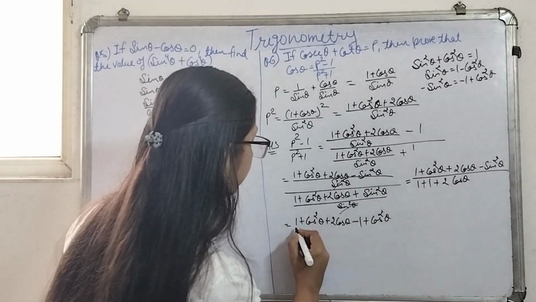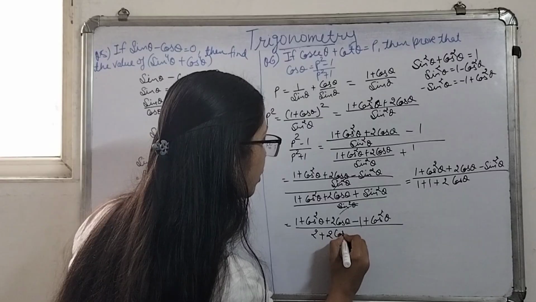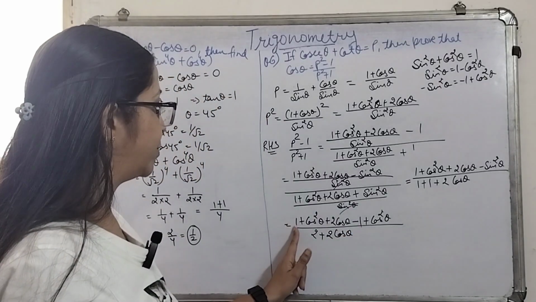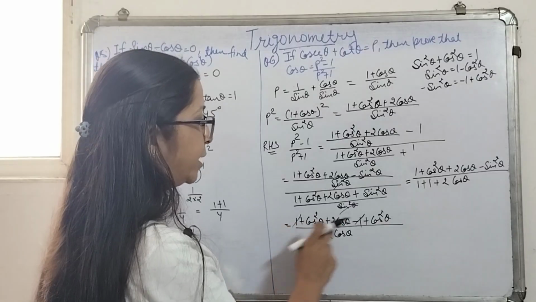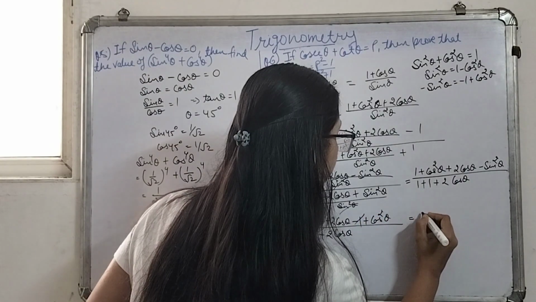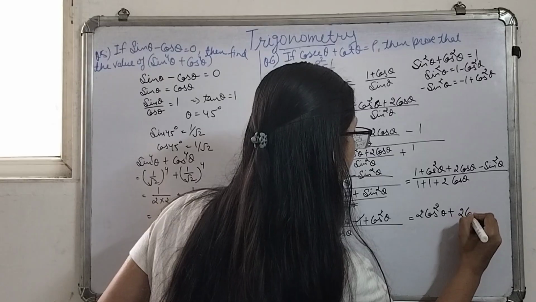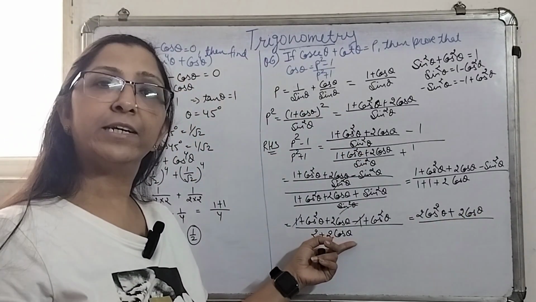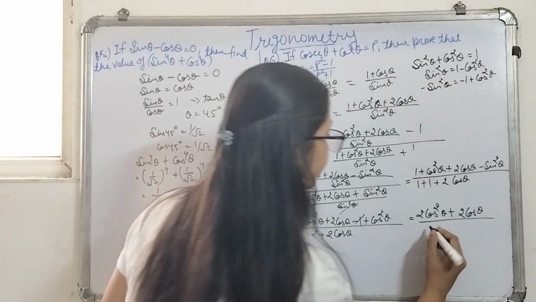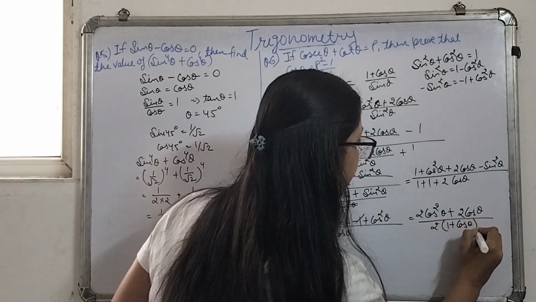In the denominator, it will be 2 plus 2 cos theta. Now see, this plus 1 and this minus 1 both are going to cancel. Cos square theta plus cos square theta will be 2 cos square theta, plus 2 cos theta, in the numerator, and in the denominator 2 could be taken common, giving 2 times (1 plus cos theta).